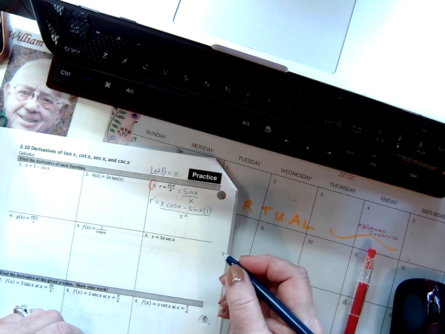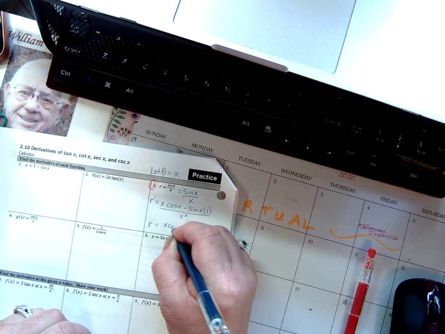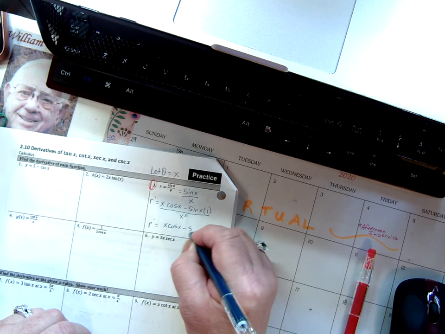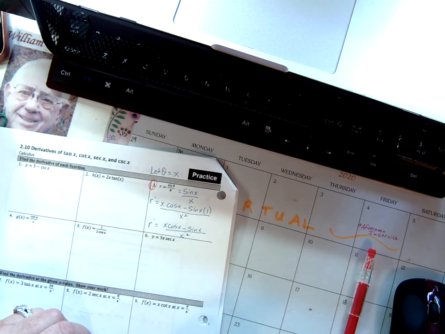R prime is x cosine of x minus the sine of x, all over x squared. Ain't much I can do with that guy. He just is what he is. All right. That's pretty much that whole first set.